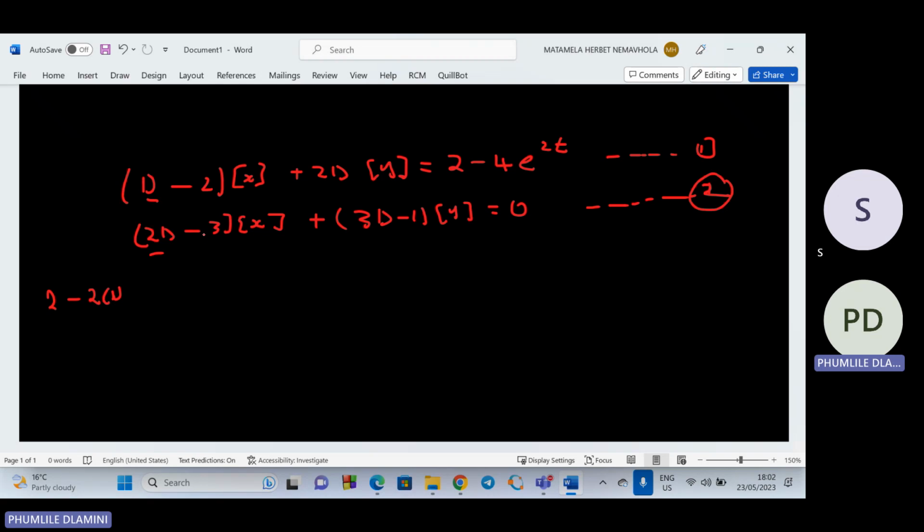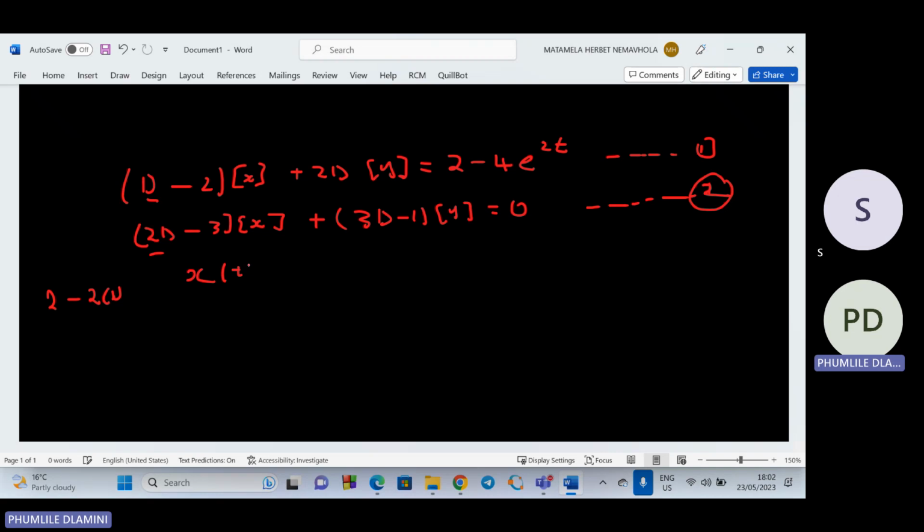Then minus 3 minus, multiplying this one, minus 3 minus 4, minus 3 plus 4 is going to give us 1, so we're left with x. And this x is like x of t.